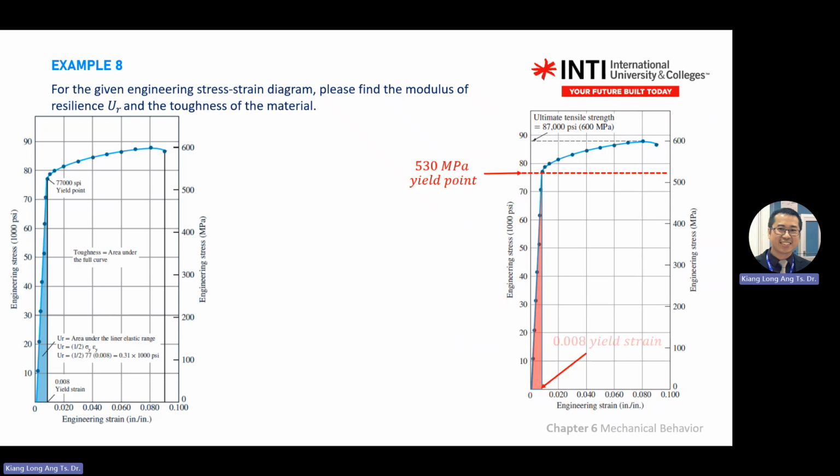Okay, I'll give you the value. The yield strain will be 0.008. Just estimate from the graph. Of course, in the exam, the graph will be a full A4 paper, so you'll be very clear on the point.